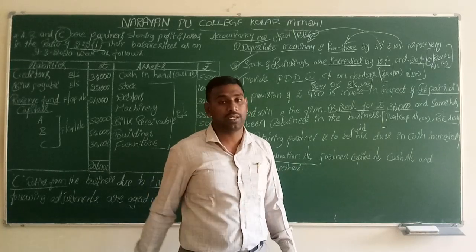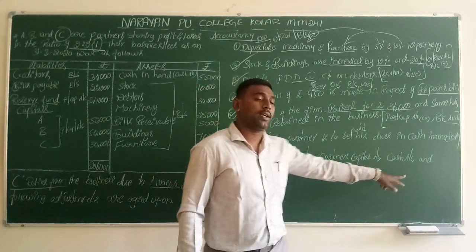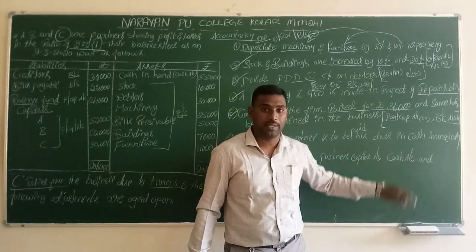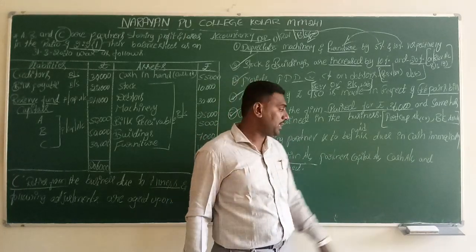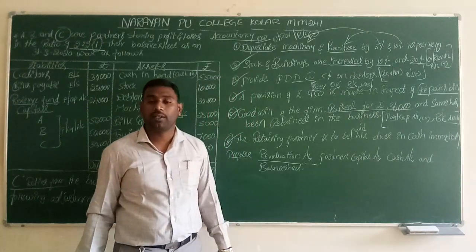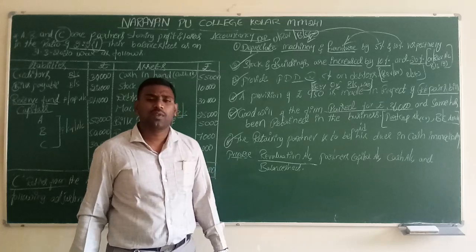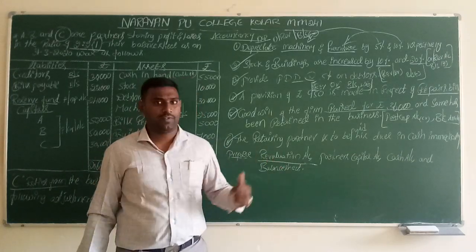But if we pay in cash or by check, the cash or bank account is compulsory. And after the retirement of C, we have to prepare a new balance sheet also.